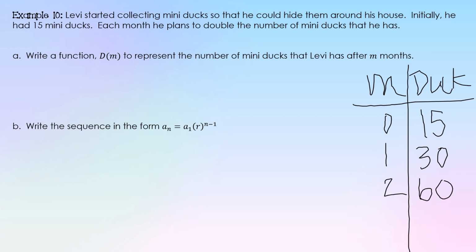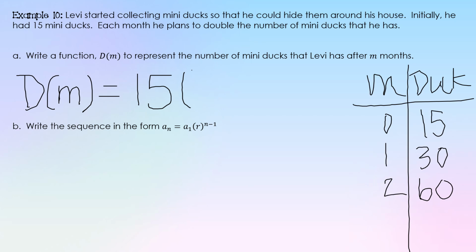So on A, we're writing our function. In order to write our function, we need to know the initial value, which is 15, and the common ratio, which is the same thing as the base, which is 2 because he's doubling, and then we're going to raise it to the m. To write it in our sequence form, our explicit or closed rule, we need to know the first term, which is 30.